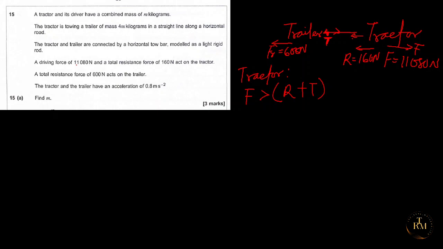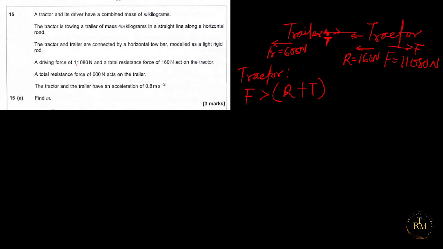Remember that the force is what the tractor is using to pull the object forward. So the tension in the rod must act against it, because the tractor is using the rod in order to pull the trailer. So the tension is acting backward for the tractor.